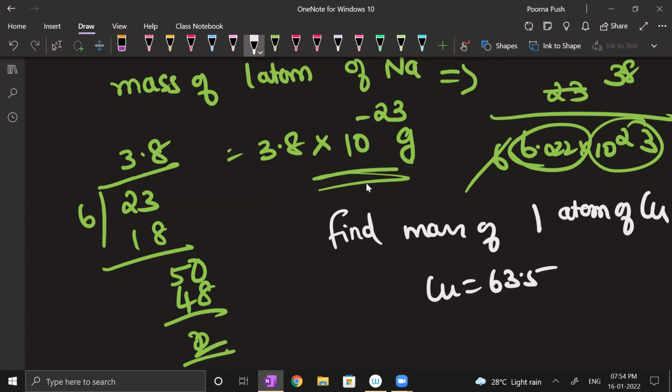Apply this formula and tell me. 10.6 into 10 power minus 23.